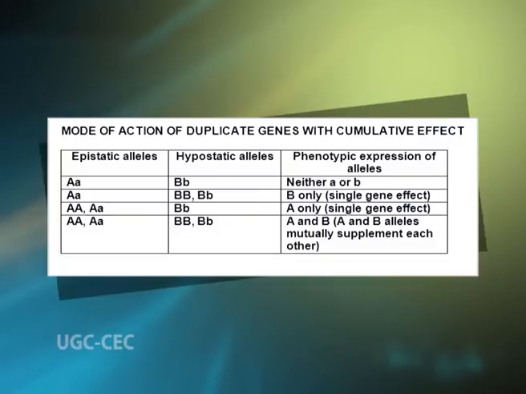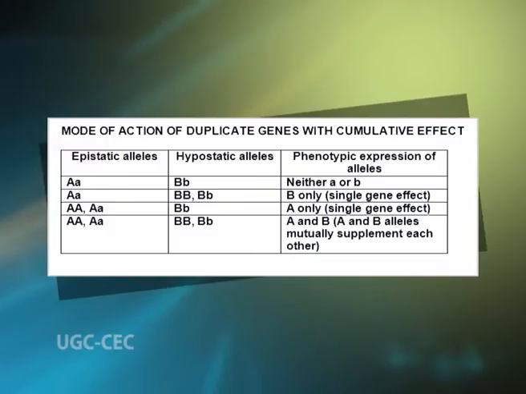The phenotypic expression is neither small a nor small b. In the second row, the epistatic alleles is capital A small a, the hypostatic alleles is capital B or capital B small b. The phenotypic expression of alleles is capital B only.